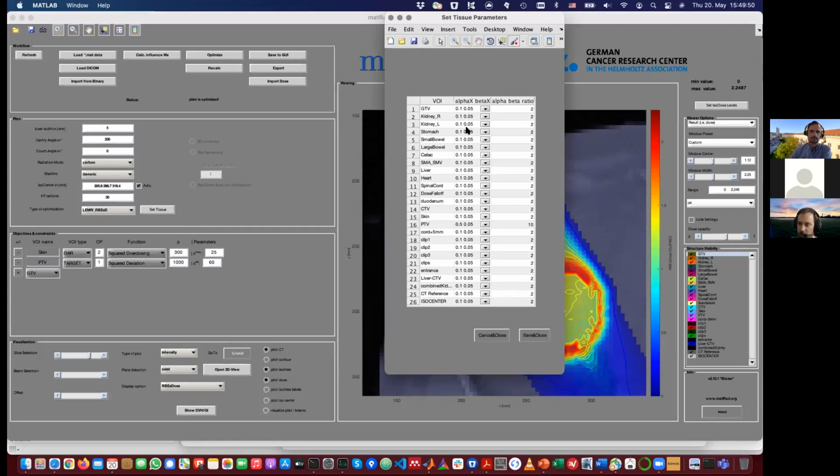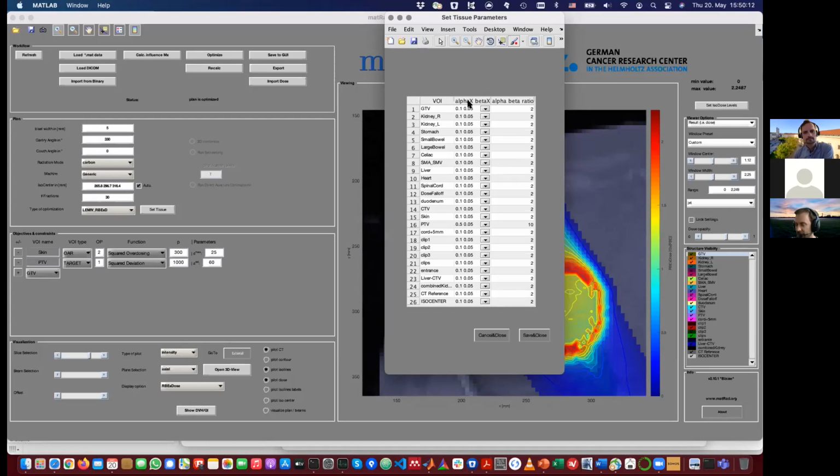Exactly. So what you select here is basically the alpha betas from the photon world, and then the model will translate it to carbon alpha beta. So there's two sources of uncertainty. First, choosing the alpha betas, and second, choosing or designing the right model.